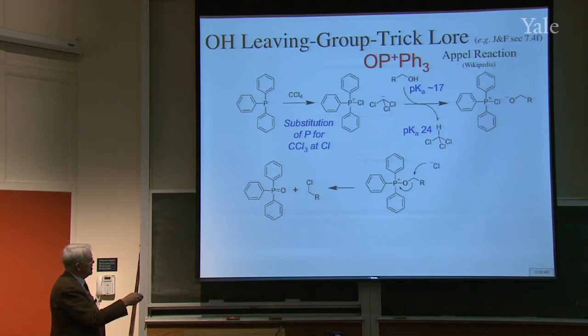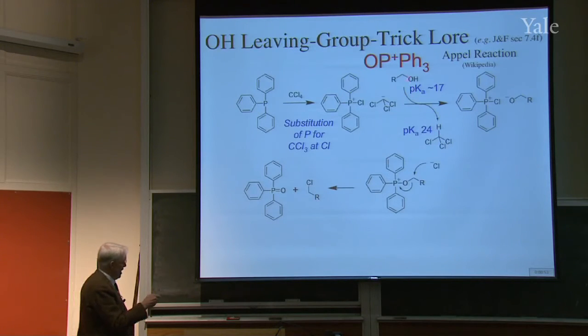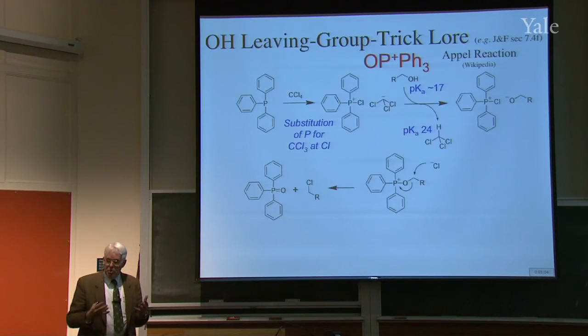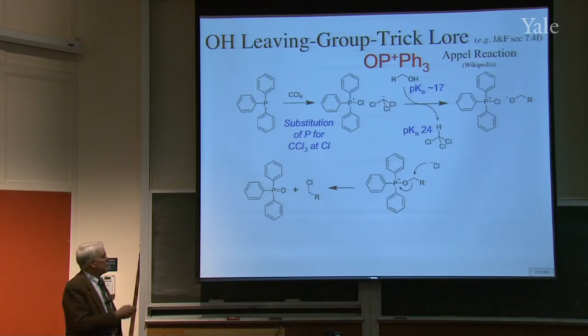So it's pretty easy to generate that anion and lose a proton. Now notice at this stage, when you add the alcohol, its pKa is about 17. So the trichloromethyl anion, although it's unusually stable for a carbon anion, is much more avid to get a proton than the O of the alcohol is.